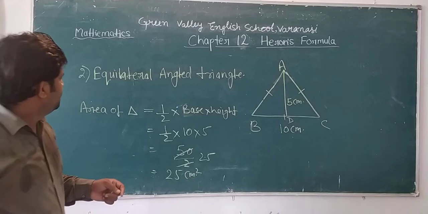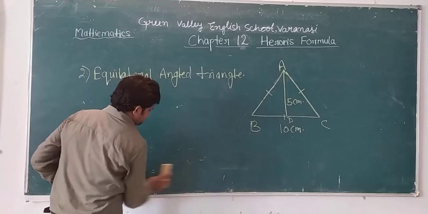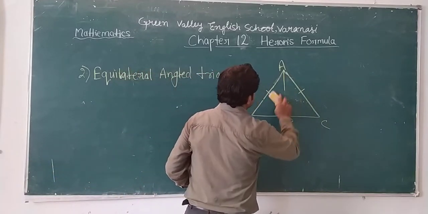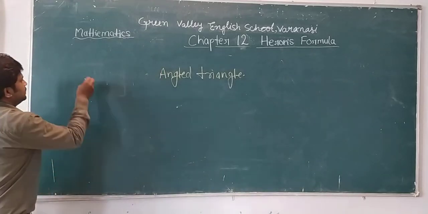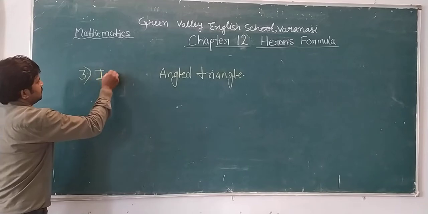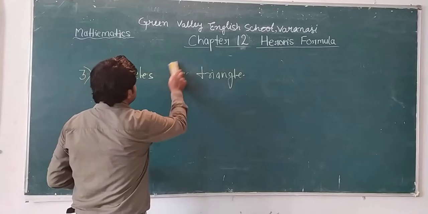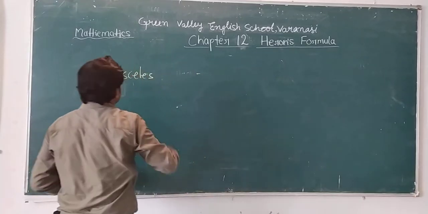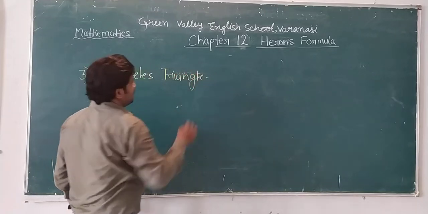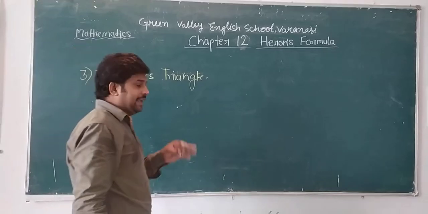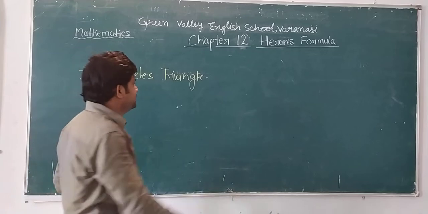Now when we take the isosceles triangle, the third type of triangle, isosceles triangle means when any two sides of the triangle are equal, then that type of triangle is known as isosceles.